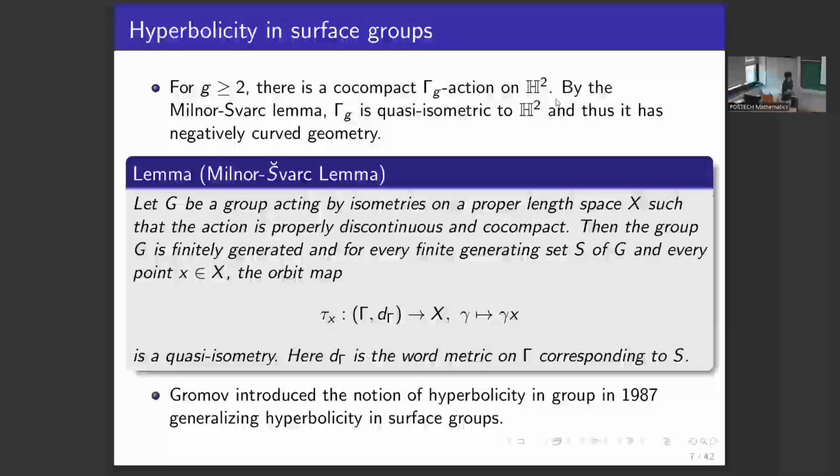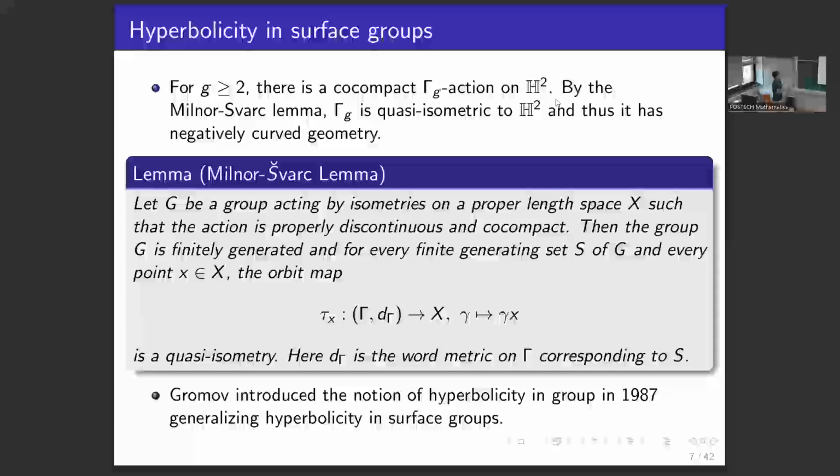So why does this phenomenon happen? One can explain why this kind of stability happens in a surface group. Actually, the hyperbolicity of the surface group does explain this phenomenon. At least for genus two, there is a co-compact Sigma_g action on H^2.